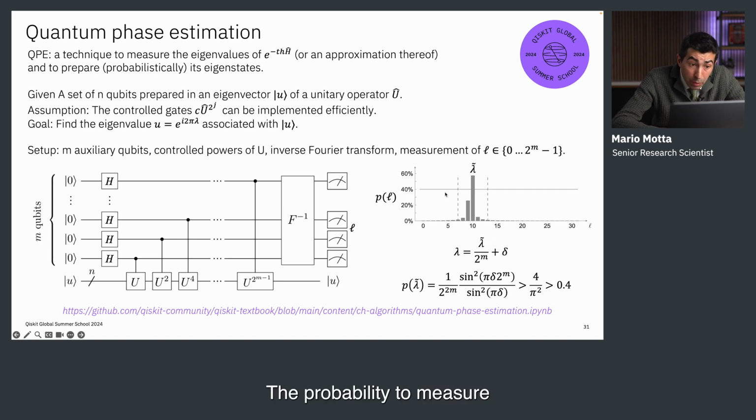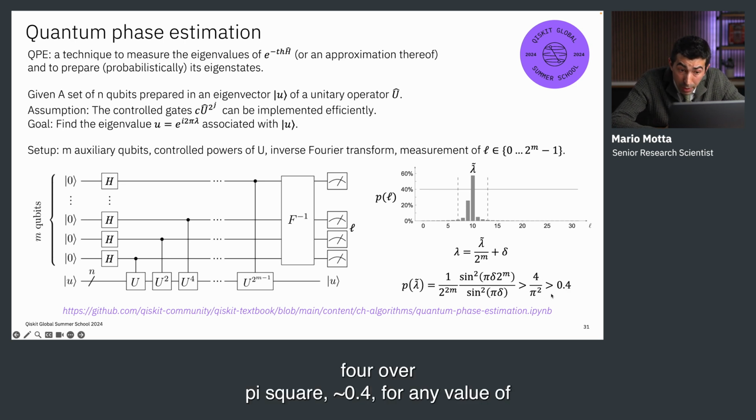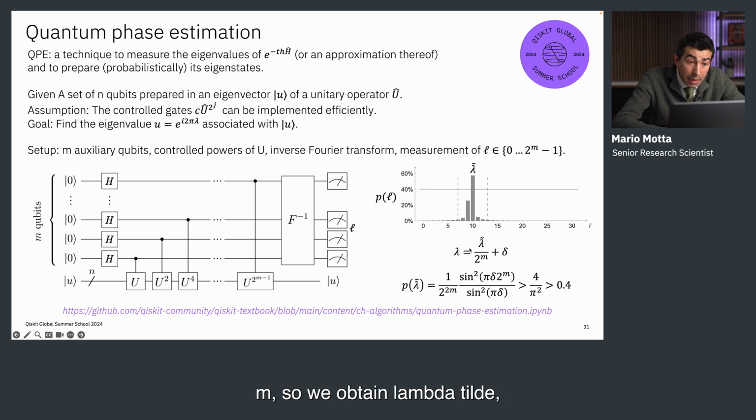The probability to measure lambda tilde is bounded by 4 over pi squared, about 0.4, for any value of m. So we obtain lambda tilde, the integer approximation to lambda times 2 to the m, with a very high probability.